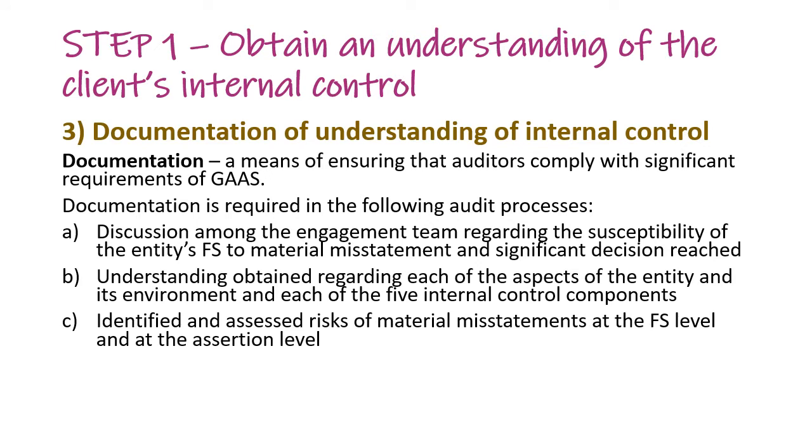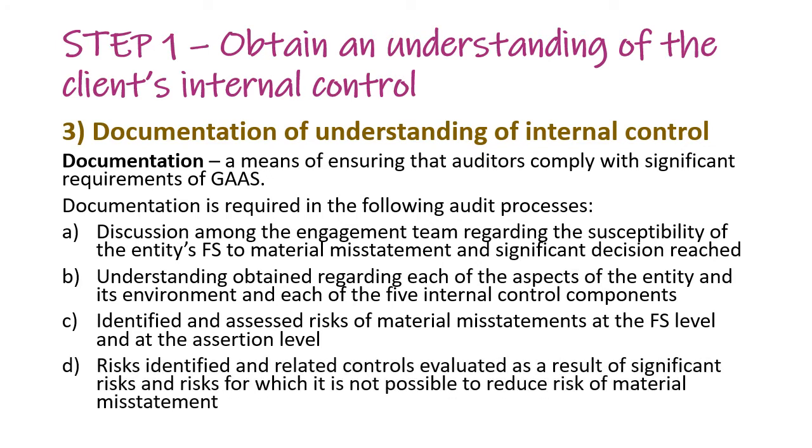Also, identified and assessed risks of material misstatements at the FS level and at the assertion level, and documenting as well the risks identified and related controls evaluated as a result of significant risks and risks for which it is not possible to reduce risk of material misstatement.